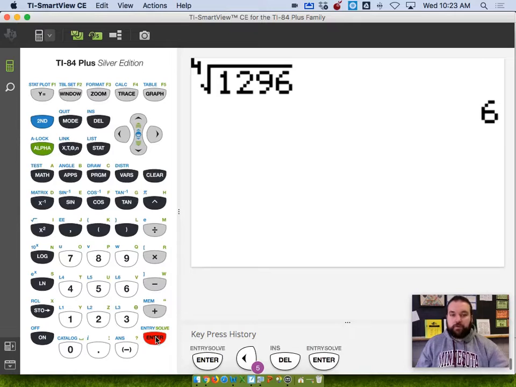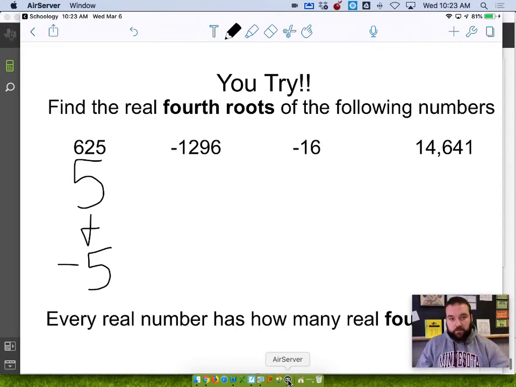They'll say, oh, the 4th root of 1296 is +6, so the answer for what I'm looking for must be -6. And that is not true. When you are 4th rooting, just like if you're square rooting, you cannot take the 4th root of a negative number and get a real number back.